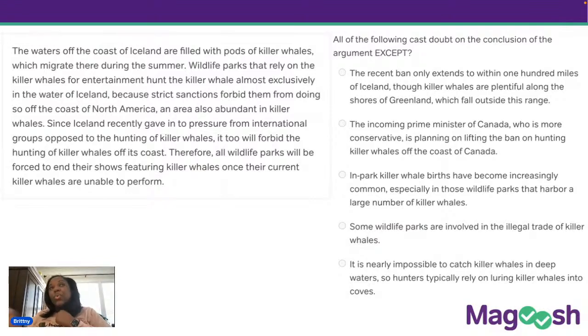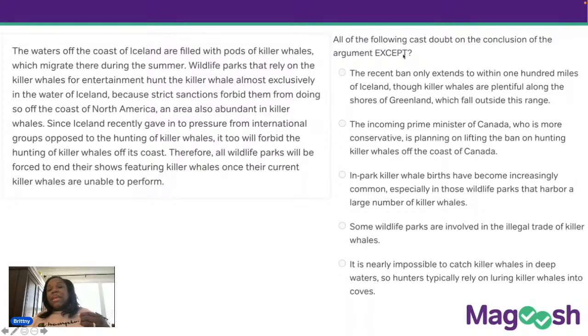Because I said that weakening questions would give you negative language. So it says cast doubt, and the first thing you might think is, oh, I want to weaken the argument. But then you see the word except, right? So here we're really not weakening the argument. We want to know which one of our answer choices does not hurt the conclusion.